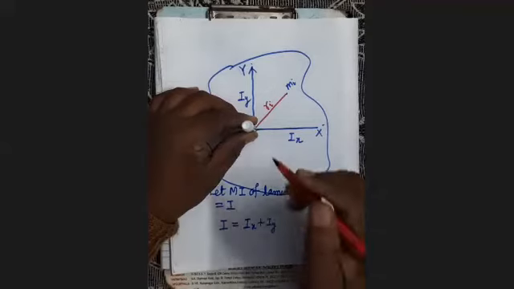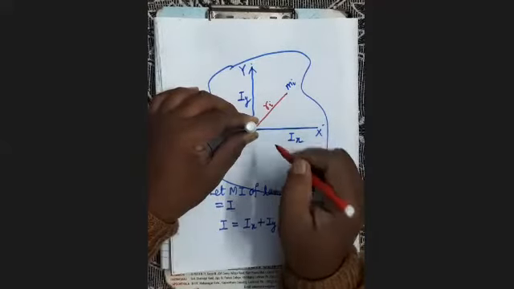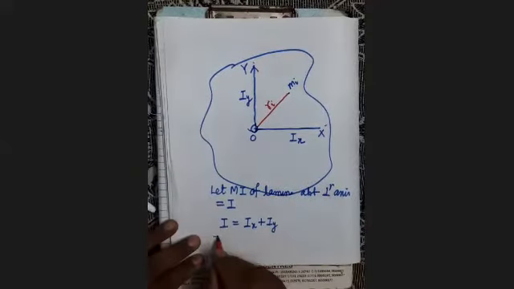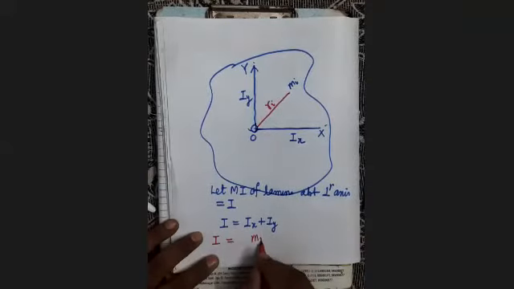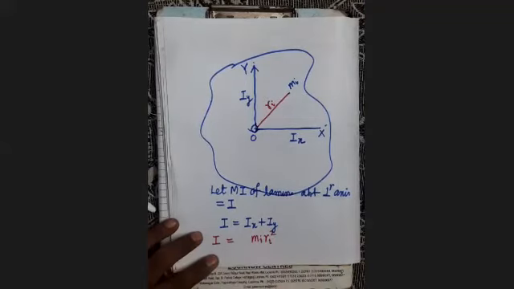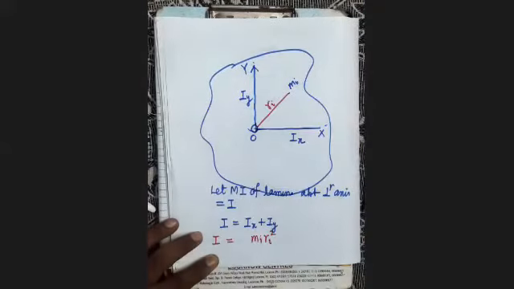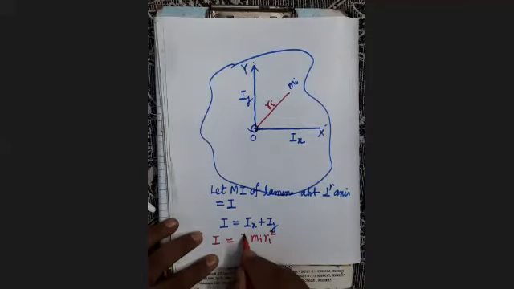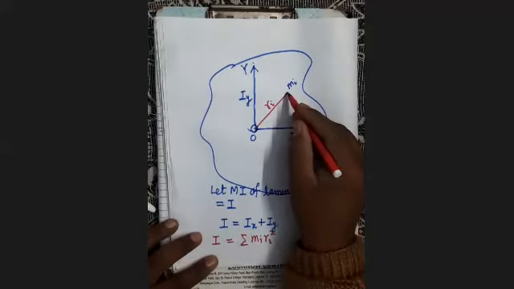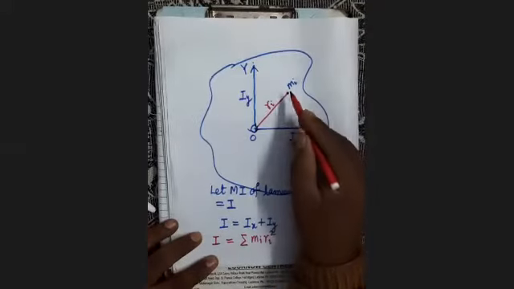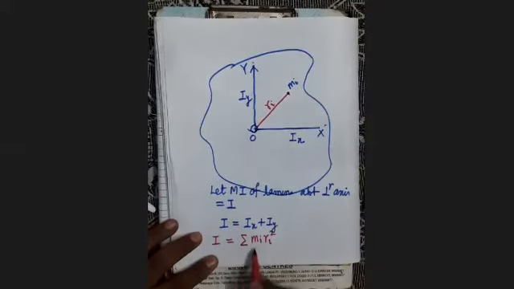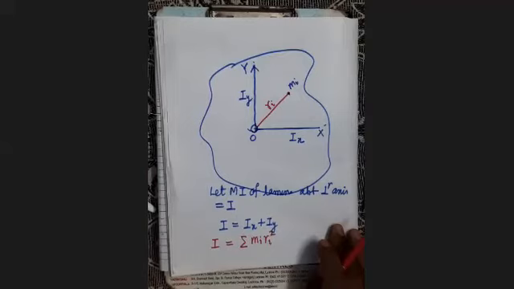So what will be I, moment of inertia about this axis? For this particle it is mi Ri square. But there are various particles like this, so it will be equal to sigma mi Ri square.